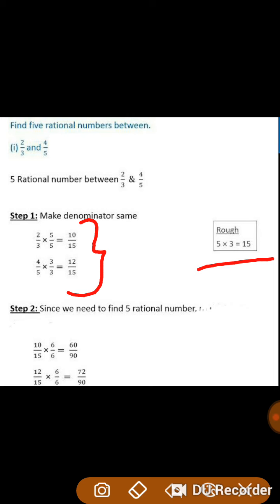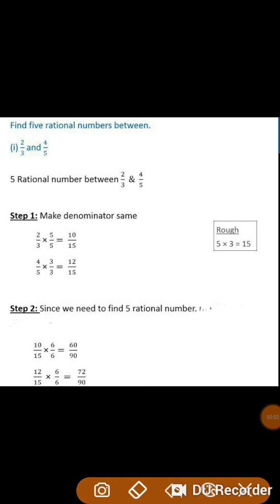When you multiply 10 upon 15 by 6 by 6, you will make it 60 by 90. And when you multiply 12 by 15 by 6 by 6, you will make it 72 by 90. Now in this case, we have increased the numerators and the denominators, and the denominators are still the same.